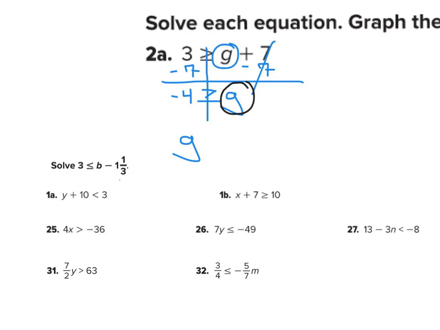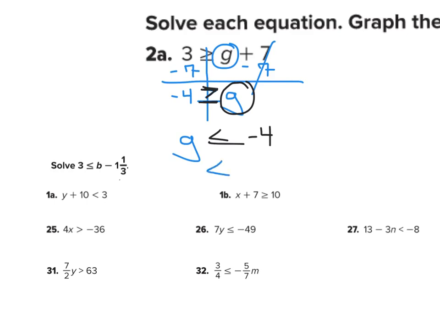Be careful with your inequality sign: it is facing away from my g, so it's going to face away from my g, and then my negative 4 is on the right. So my answer is g is less than or equal to negative 4.